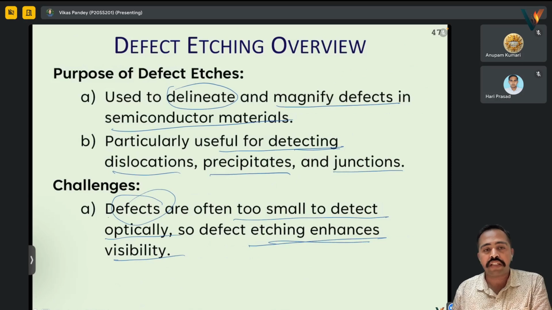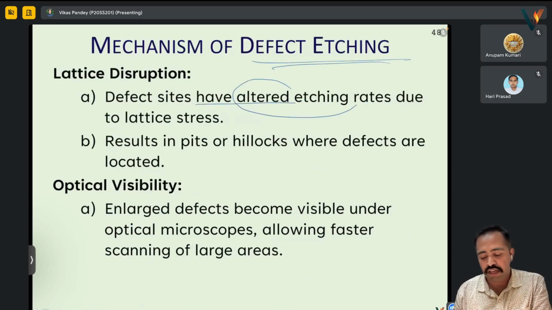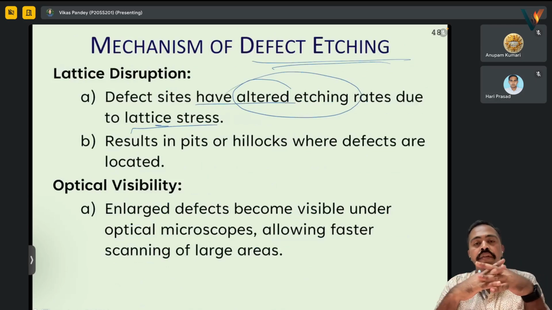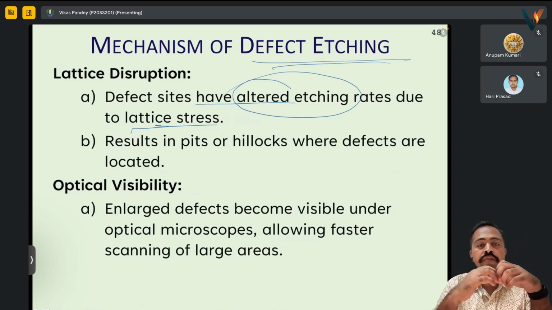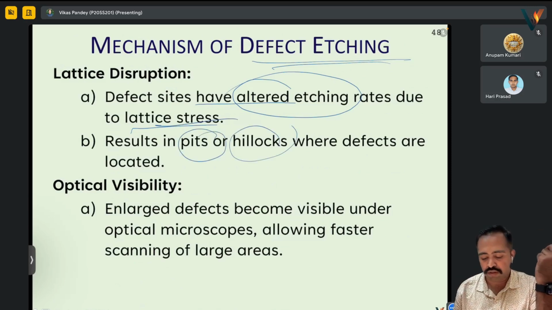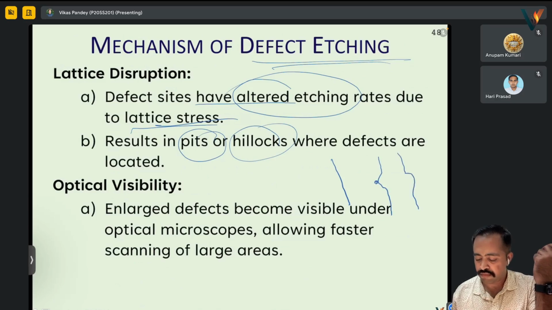Since the defect sites have an altered etching rate due to lattice stress, and we know that when we have a proper plane, 111 or 100, we know their properties. When we have some defects, they will result in pits or hillocks. That means the profile was supposed to be like this, but actually it will become like this if there is a defect here, or it can become like this if there is a defect here.